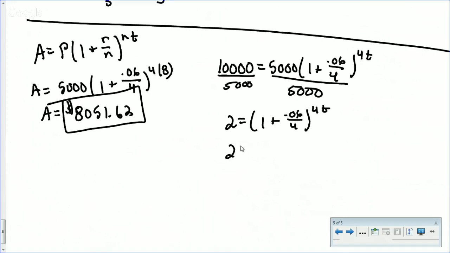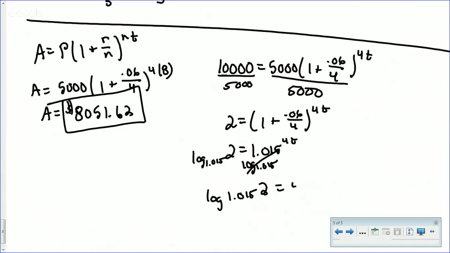Just put it into the calculator, and we'll get 1.015 to the 4t. Now to get rid of this base, we're going to take the log of that same base. Okay, so these will cancel. We'll get log base 1.015 of 2 equals 4t.